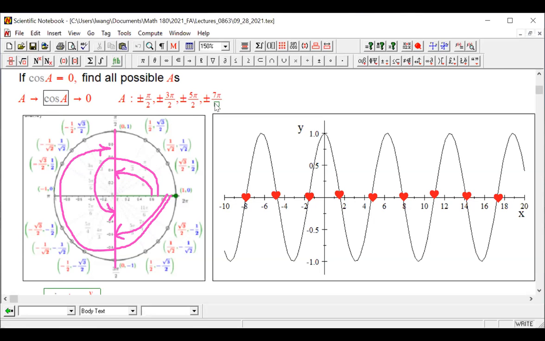Seven pi over 2. And the list goes on. So how can we describe the pattern? Is there a pattern? Would you write down k pi over 2?